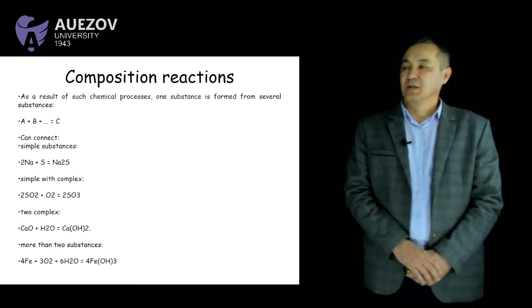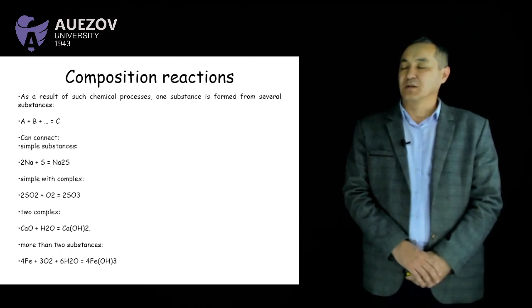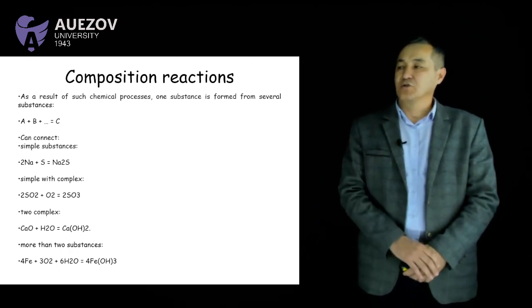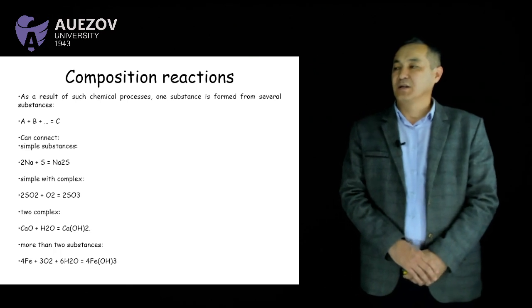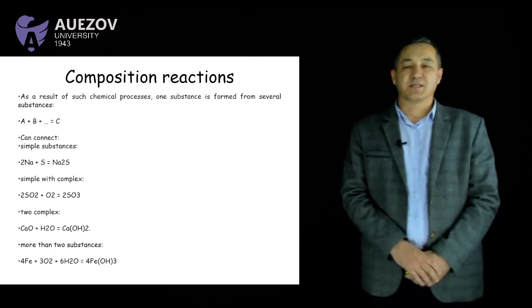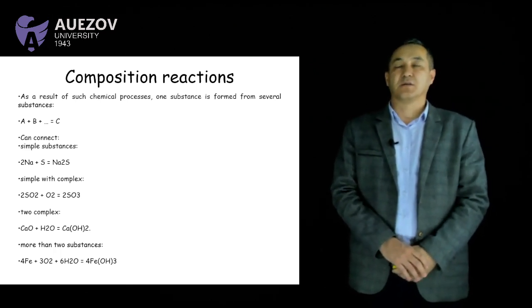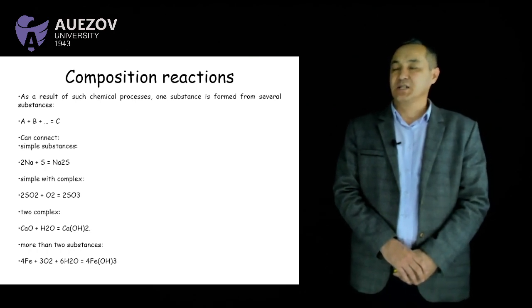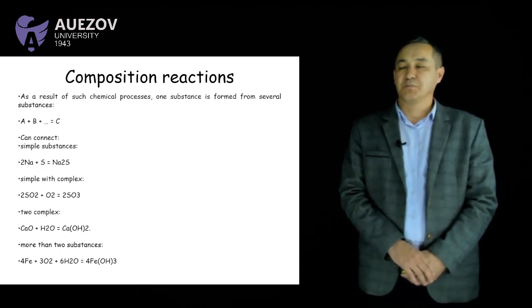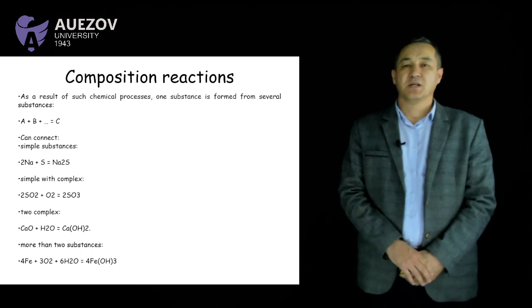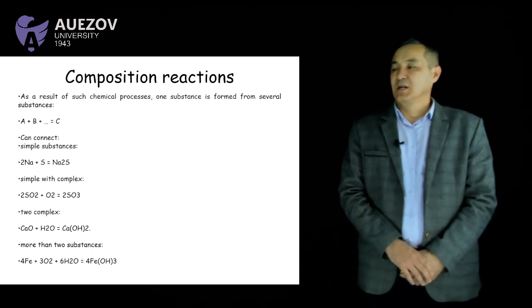For example, in this type of reaction we can take sodium sulfate and a simple with a complex substance. This type of reaction can proceed between simple and complex substances.